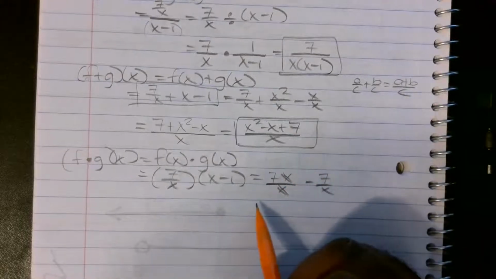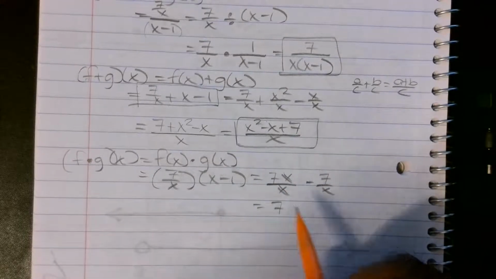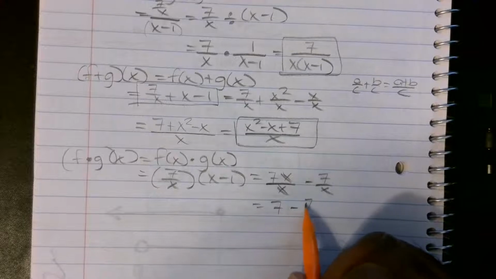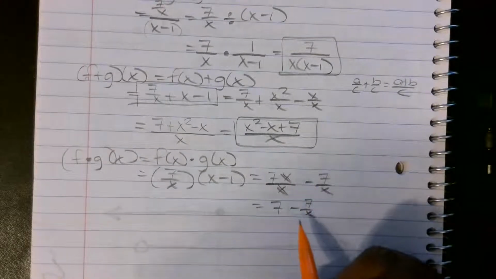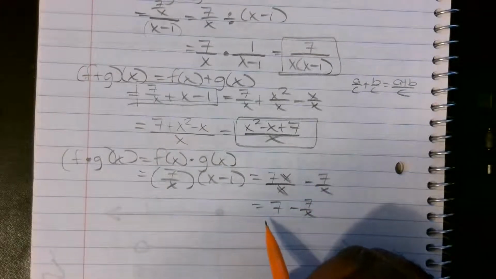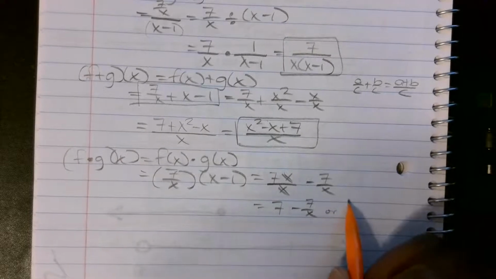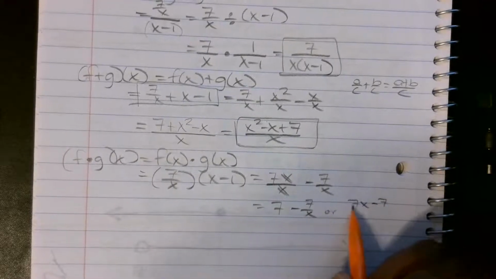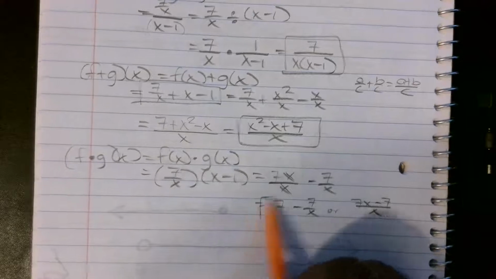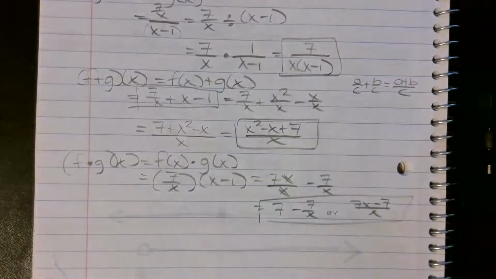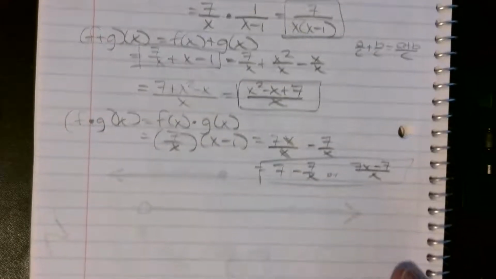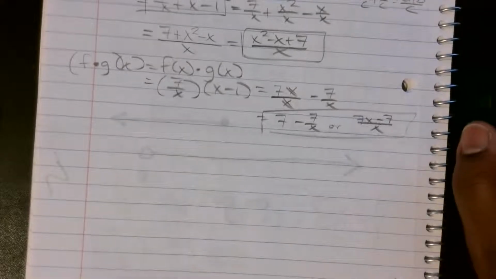So this would be 7x minus 7 over x. All right, and we did the division.